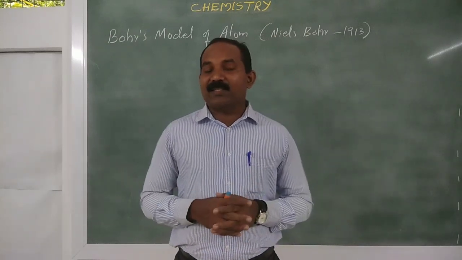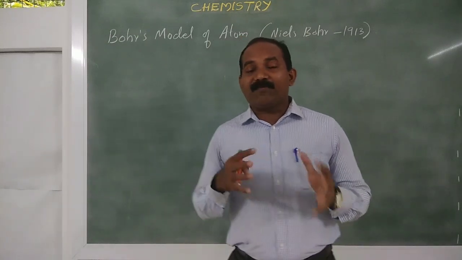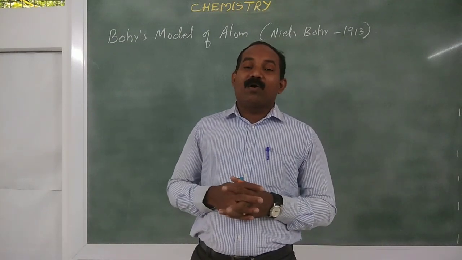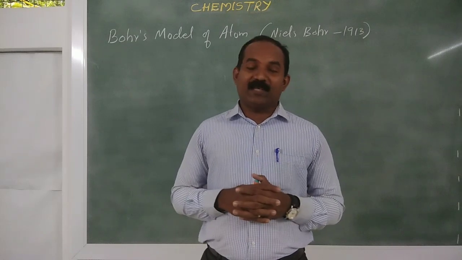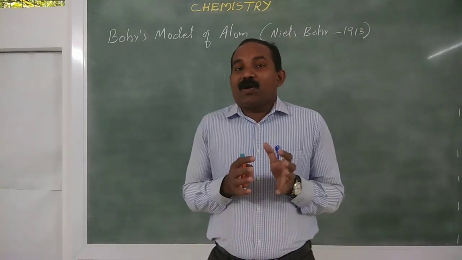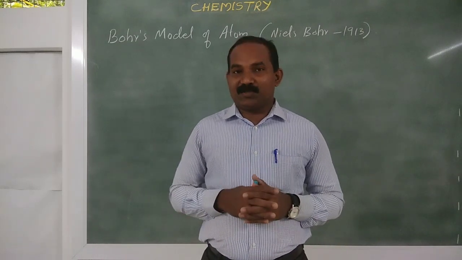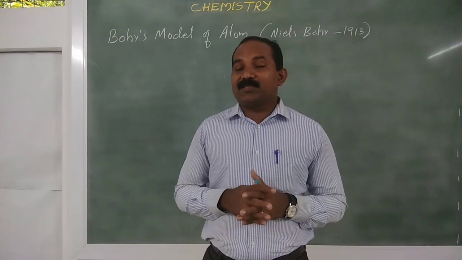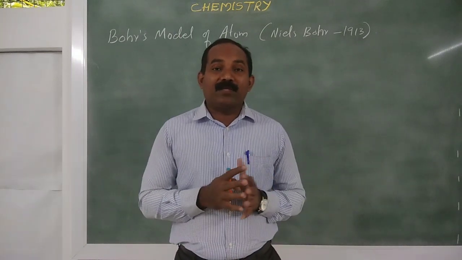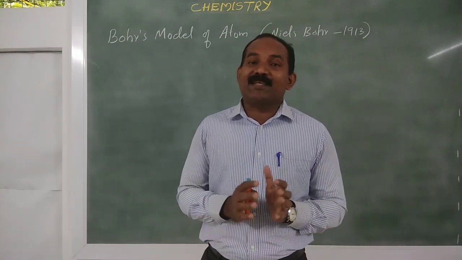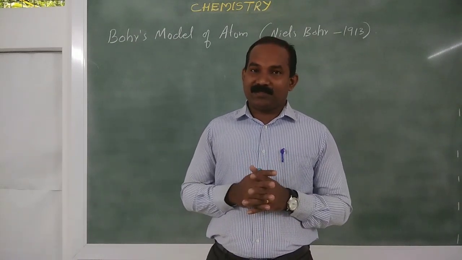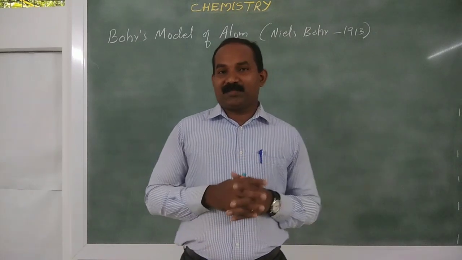Let's discuss the main postulates of Niels Bohr theory one by one. The very first postulate is: the electron in a hydrogen atom revolves around the nucleus only in certain selected circular paths called orbits.